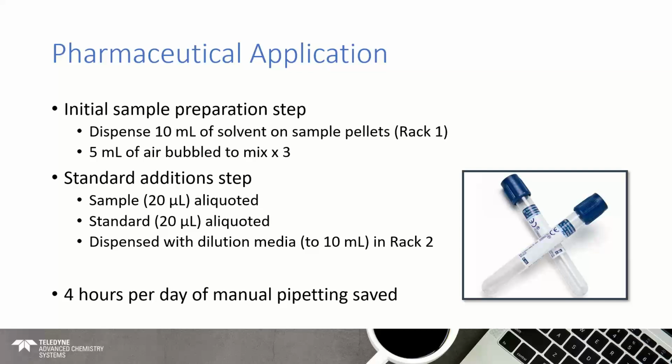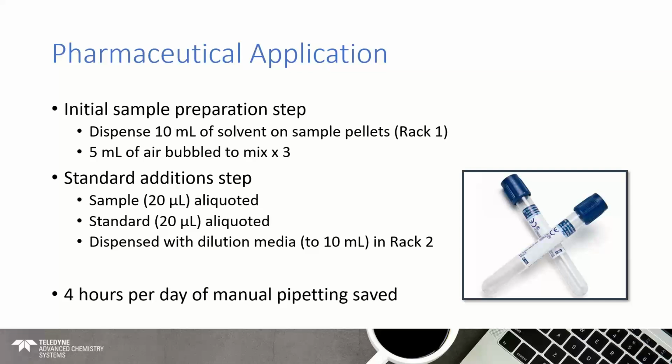From there, we use some air bubbling. We program the SimPrep to deliver 5 milliliters of air into that solvent, and we do that 3 times per sample to give it the agitation required to dissolve the sample pellet into the solvent.